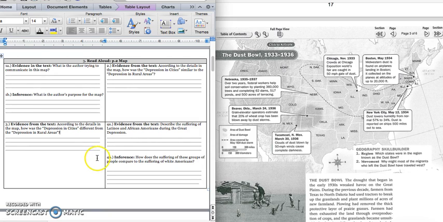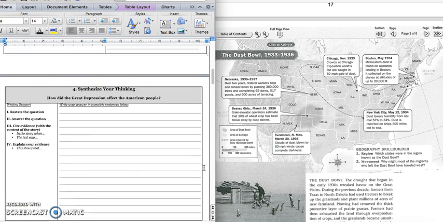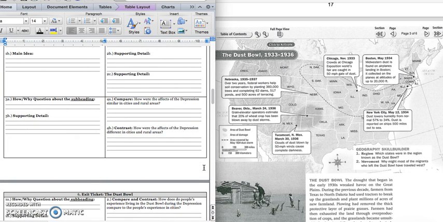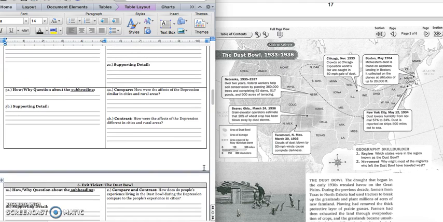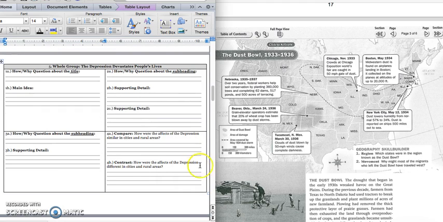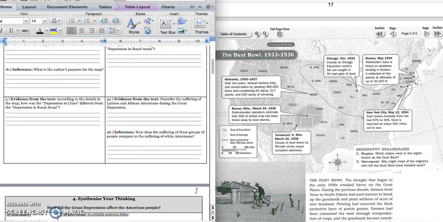All right. And then number 4 says, describe the suffering of Latinos and African Americans during the Great Depression. How does the suffering of this group of people compare to the suffering of white Americans? So that is something I was looking down to see if we are going to answer it in the lesson.